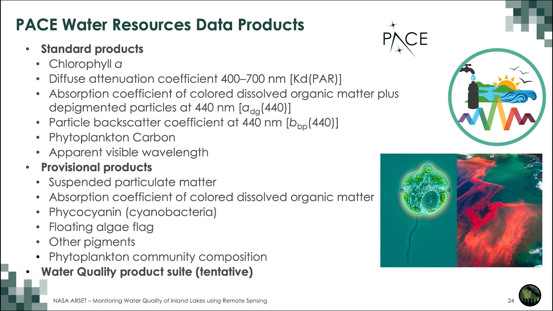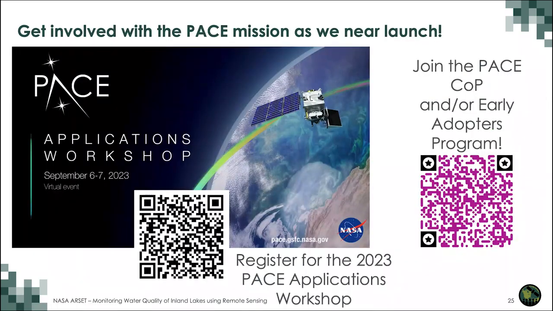There will also be provisional or experimental products: suspended particulate matter, absorption coefficient of colored dissolved organic matter, phycocyanin or cyanobacteria, and a floating algae flag. The other pigments will be available. Phytoplankton community composition will be available. And there will be a water quality product suite. This is tentative, but these are all the products that you can look forward to once PACE is in space.